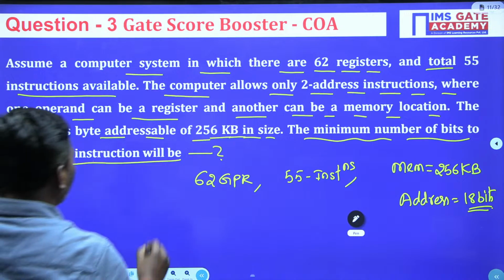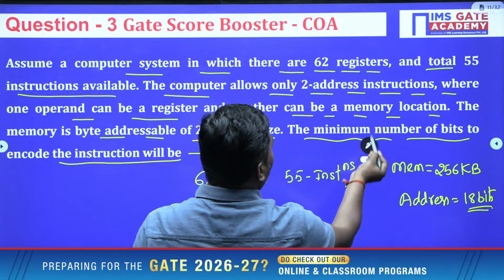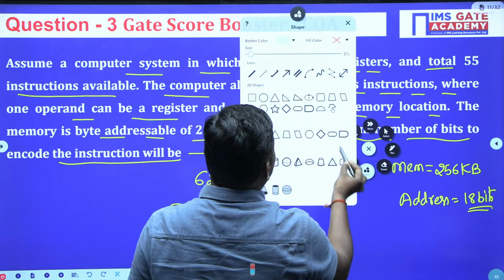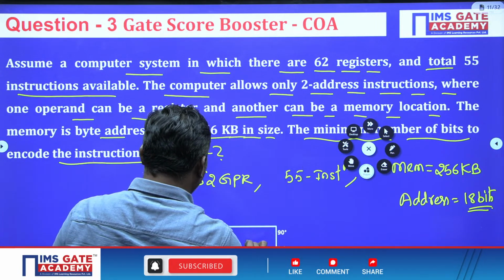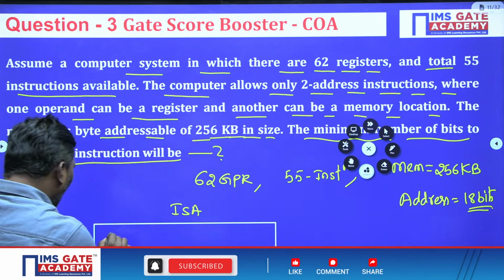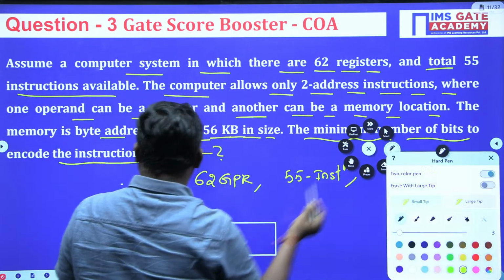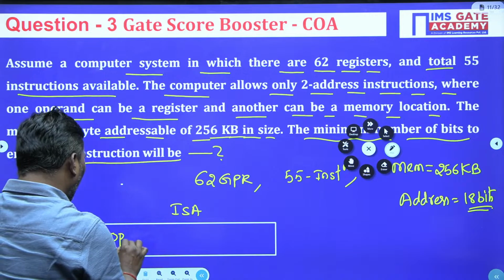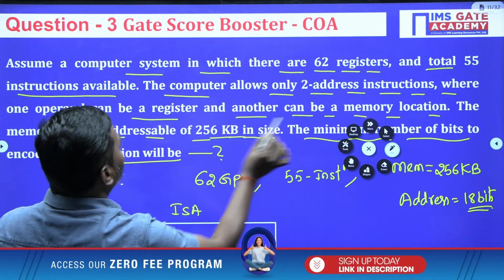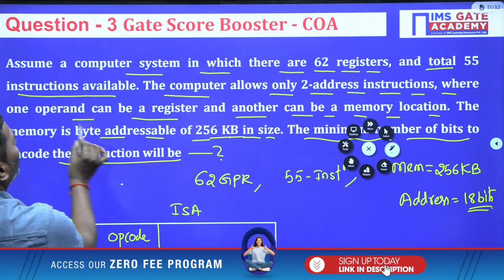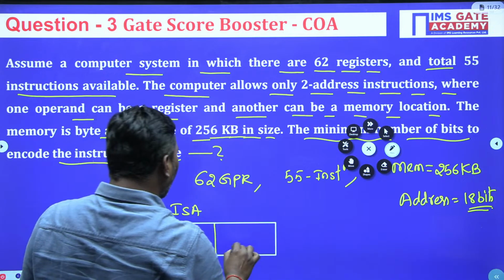So now I take the instruction set architecture format. As I told, we have the opcode field, followed by the 2 address instruction format where one operand can be a register, let's take register Ri, and the other can be a memory address.